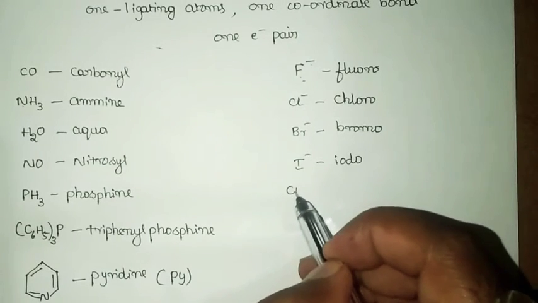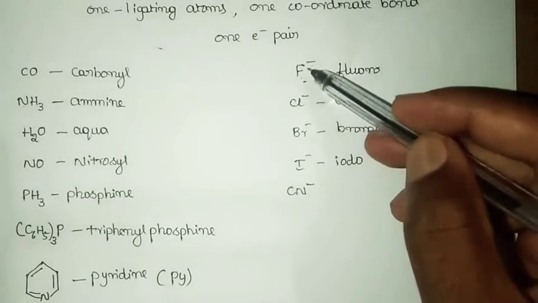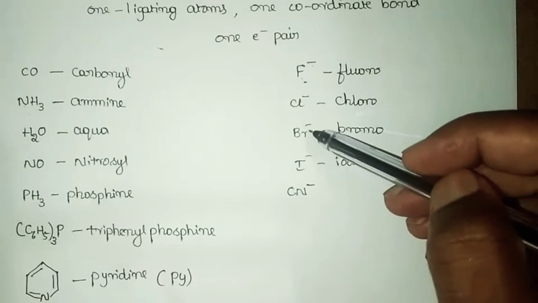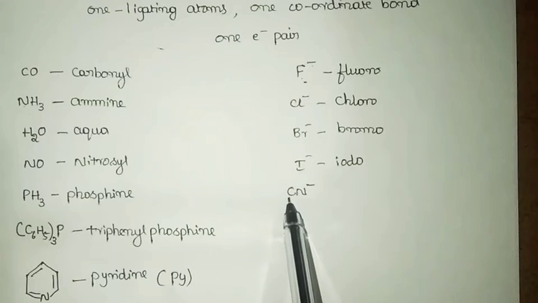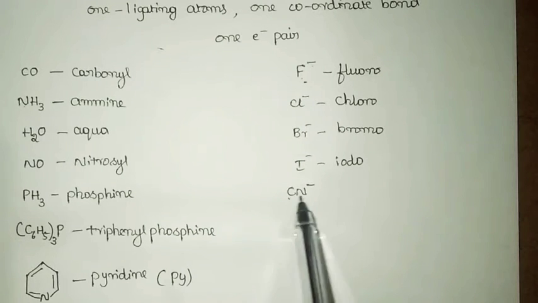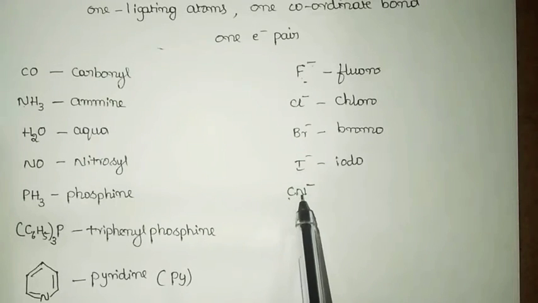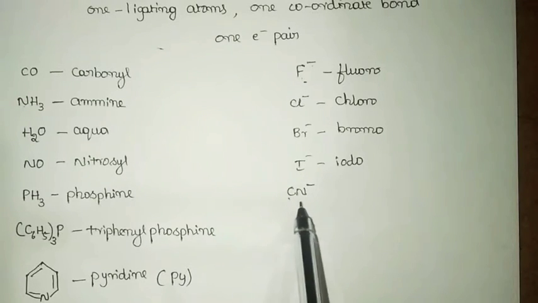If the ligand is CN minus, in the first four cases there are only atoms: F minus, Cl minus, Br minus, I minus. But here we have a molecule with both carbon and nitrogen, and either one can act as the ligating atom. Depending upon which atom acts as the ligating atom, the name of the ligand changes.